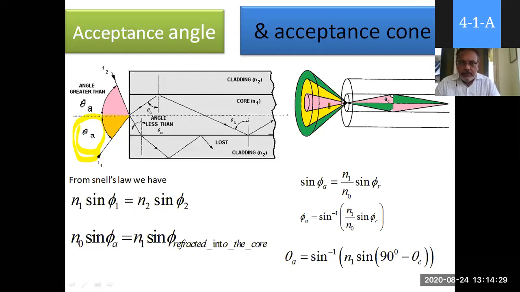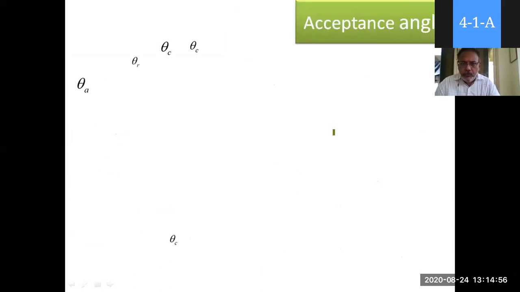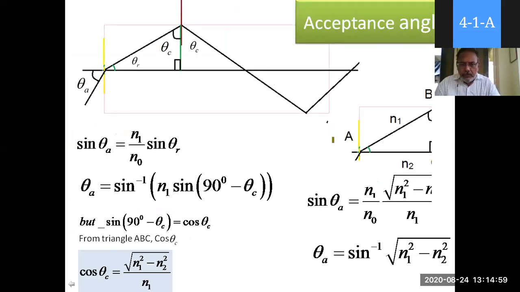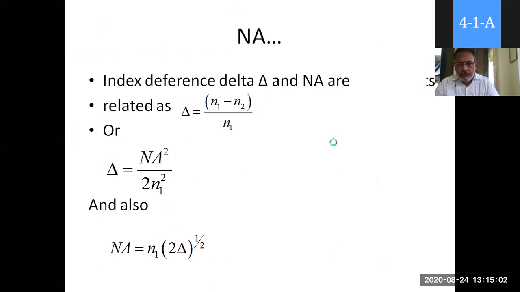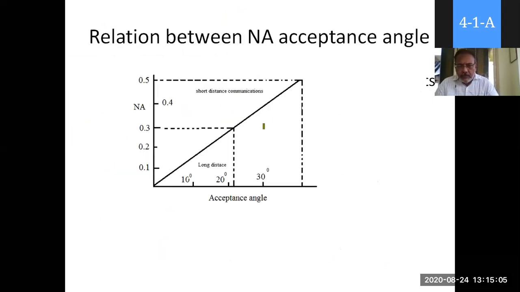The temperature is a higher value, so there might be some impurities in the glass. So the exact refractive index value might not be there. Because of these problems, the numerical aperture value differs. That's why the numerical aperture versus angle, 0.1 here.